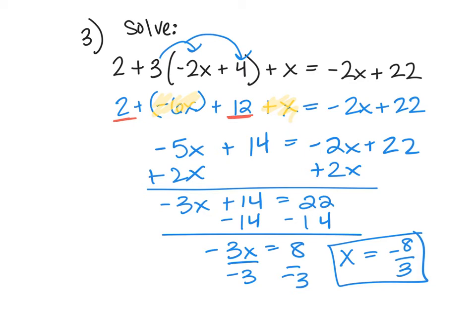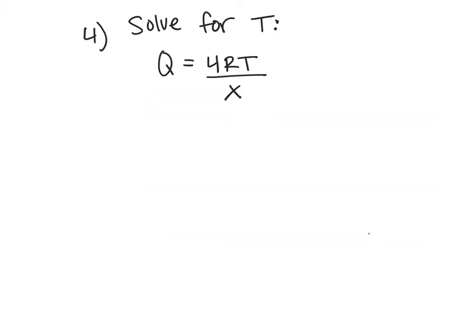All right, moving on to number 4. We want to solve this equation for t. So that means I want to take this t and move everything away. So when something's being divided, you want to use multiplication to get rid of it. So if I multiply this by x and the left side by x, I'm left with q times x is equal to 4rt.